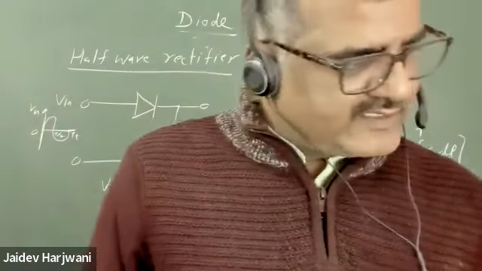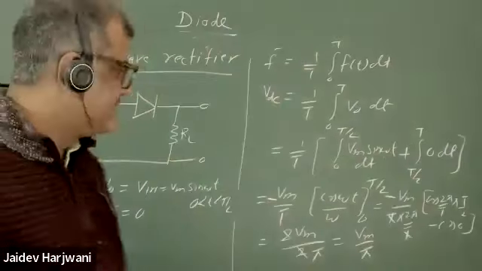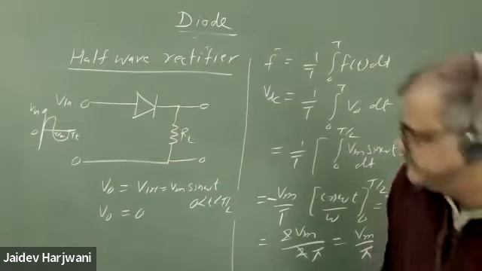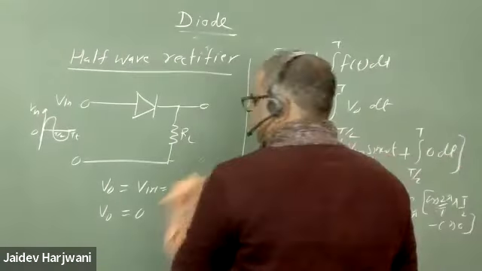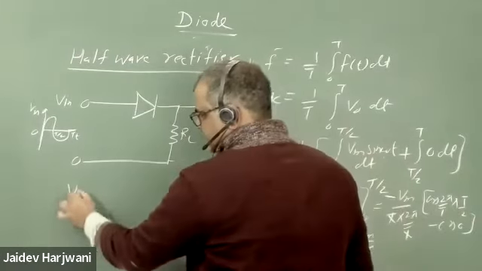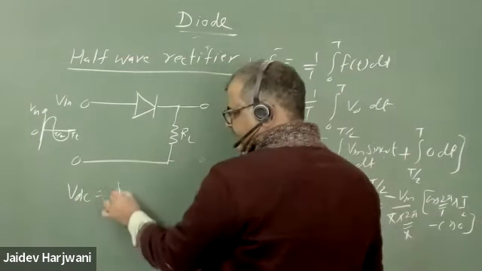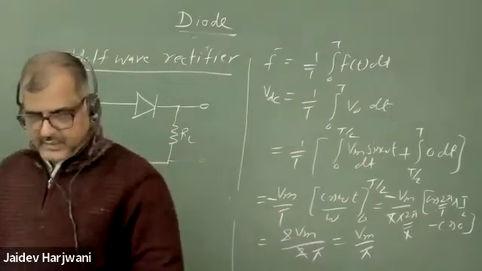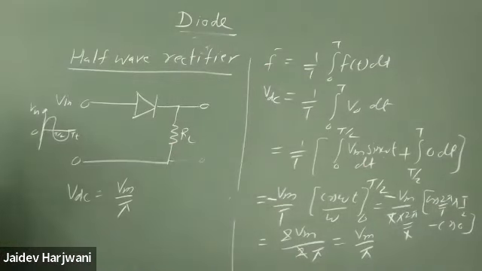Check whether it is correct or not. So the VDC for the half wave rectifier is Vm by pi. If I calculate VDC, this should come as Vm by pi. Correct?